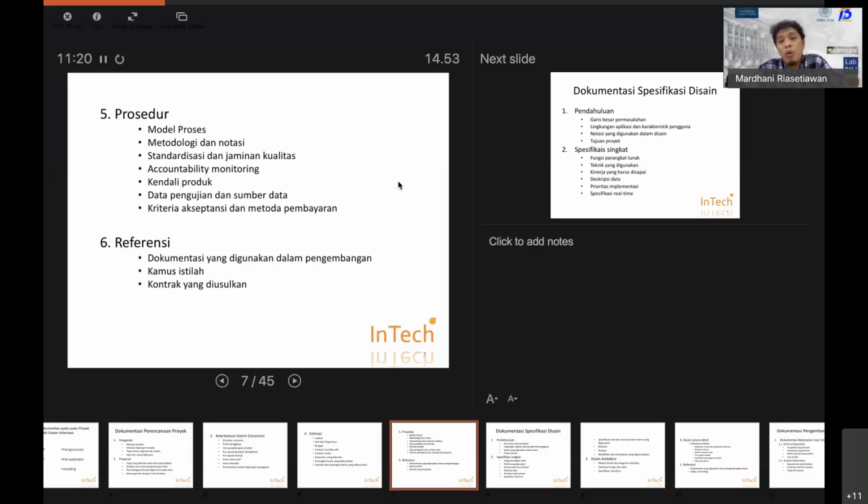And how about testing the product? Before we implement the solution, is there also some test step, for example? And then what type of criteria for the acceptance, yeah? When users say, okay, I think the solution is appropriate and we can run it in our environment, for example. And then of course we need to add some references for it. So that is the first documentation that's very, very important.